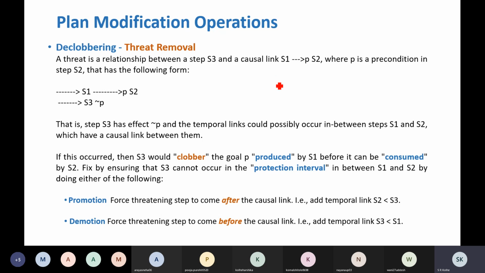For the same example, suppose we have step S1 and step S2. There is a causal link from S1 to S2 and the precondition of S2 is P. So to perform S2, P has to be true.